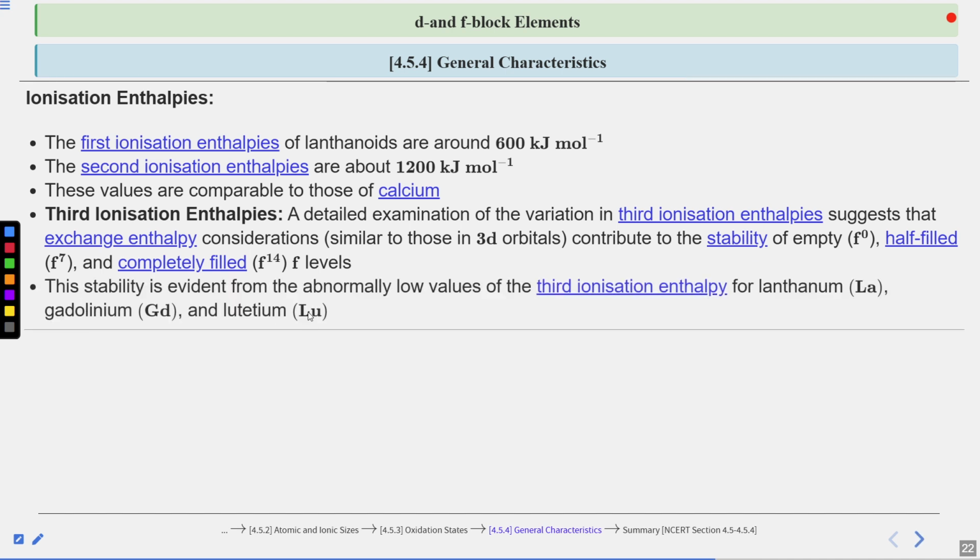The stability is evident from the abnormally low values of third ionization enthalpy for lanthanum, gadolinium and lutetium.